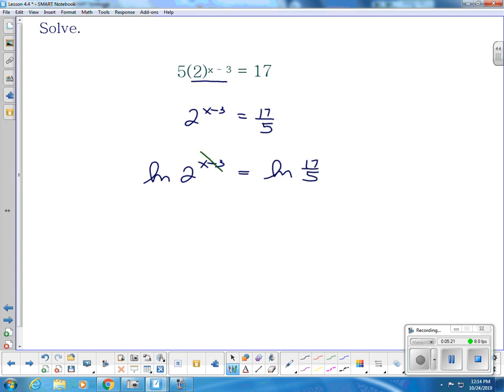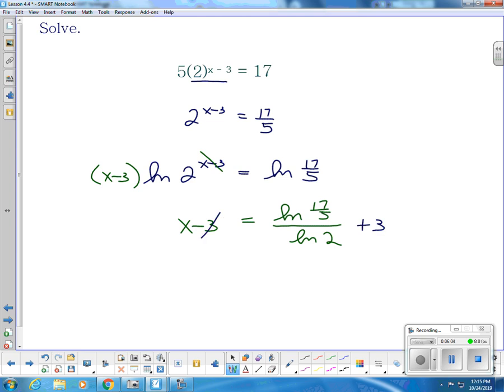That lets me take this exponent and drop it down in front. So, what do we do now? How do I get the x by itself? What do you have to get rid of first? Divide by the natural log. There you go. So we're going to divide. And then we just add 3.